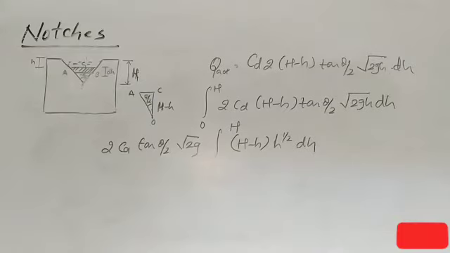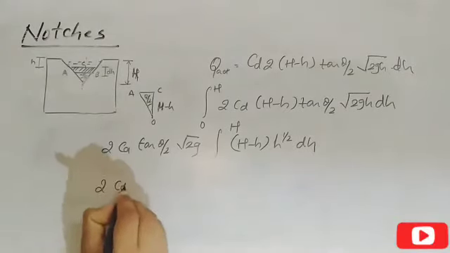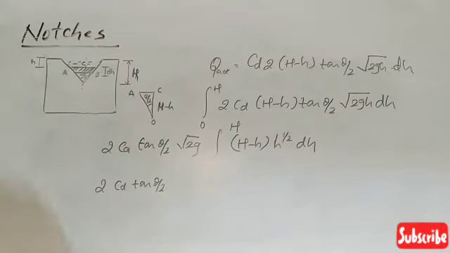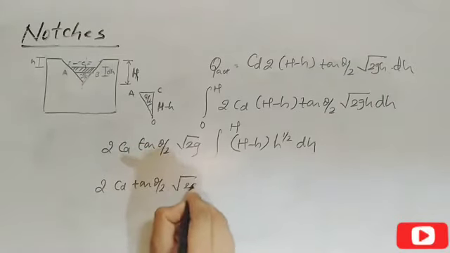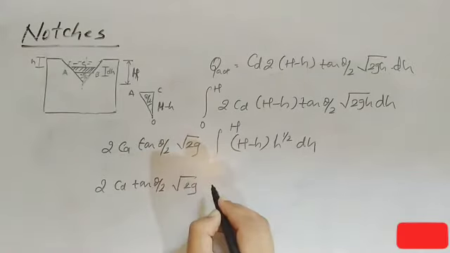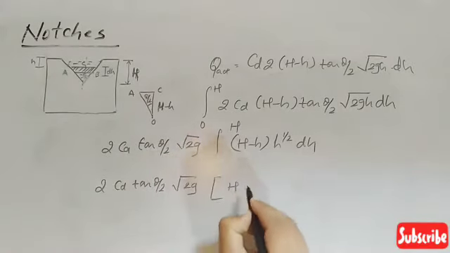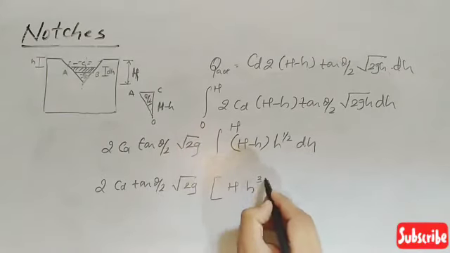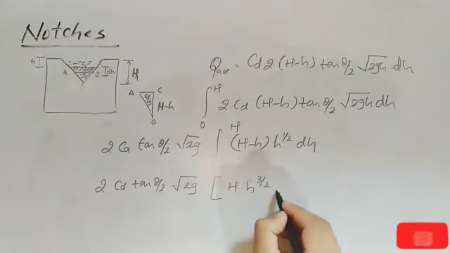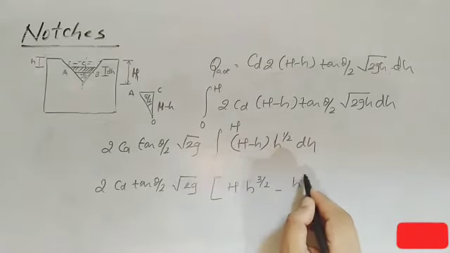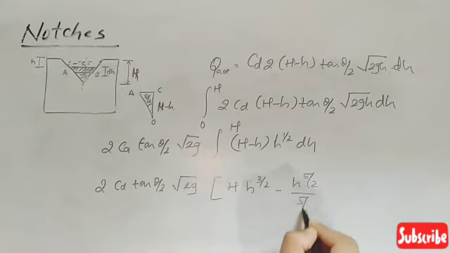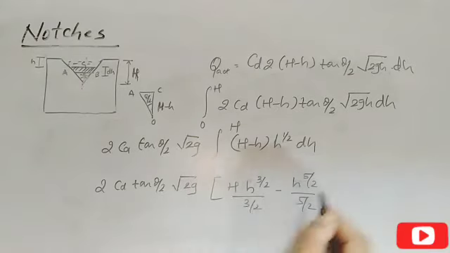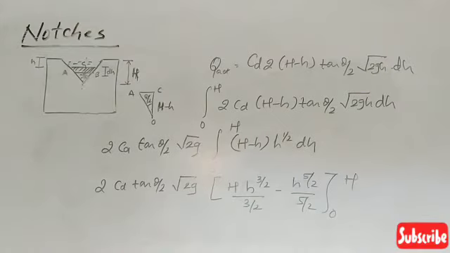Now integrating the above equation, I will get 2 Cd tan theta by 2 root of 2g times [H h to the 3 by 2 divided by 3 by 2, minus h to the 5 by 2 divided by 5 by 2], from 0 to H. So if I integrate that, you get this equation.